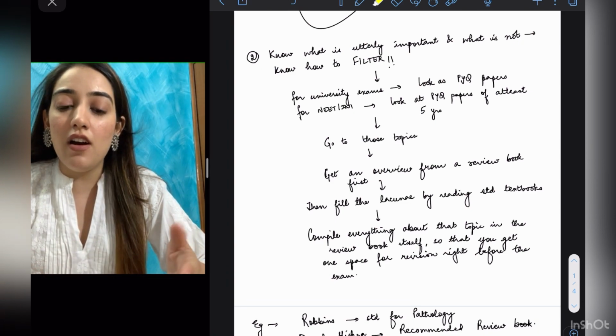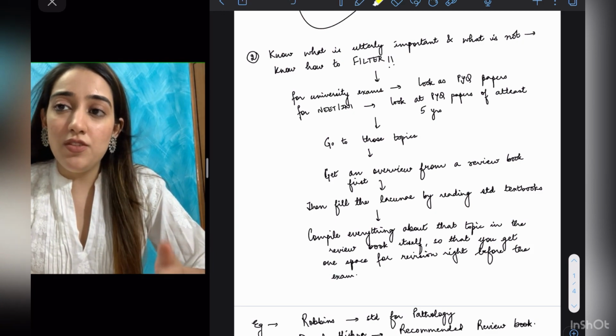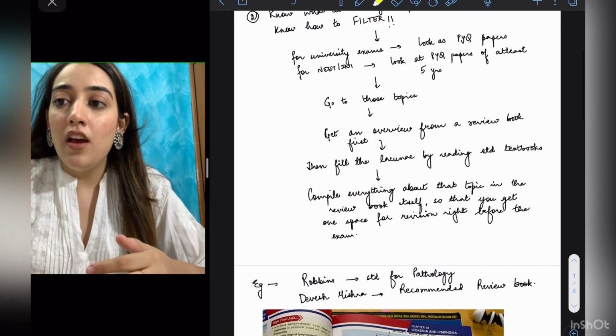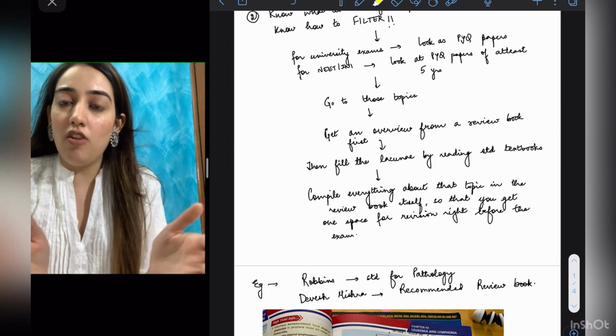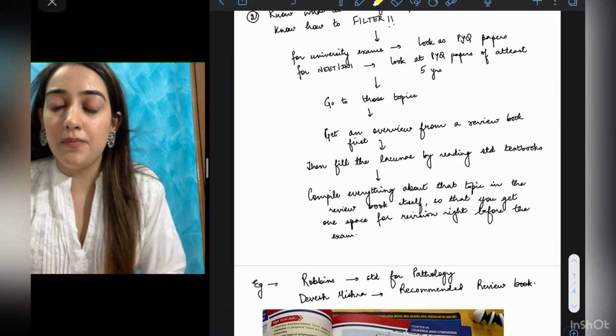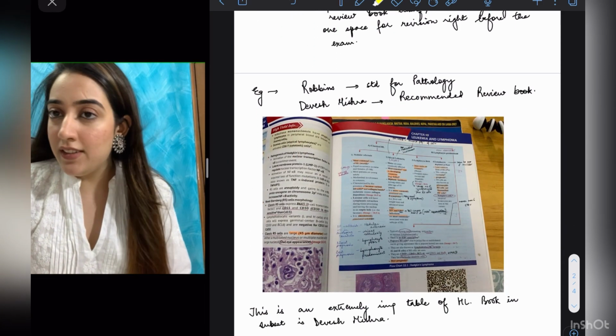Whatever I was lacking, I used to note it down from Robbins into Divesh Mishra. I will show you an example in the next slide as well. So right before your exams, you have all the topics and all the notes at one place, so it becomes easier for revision.